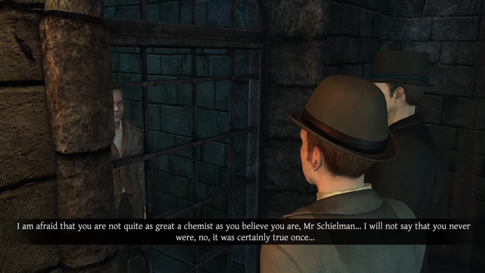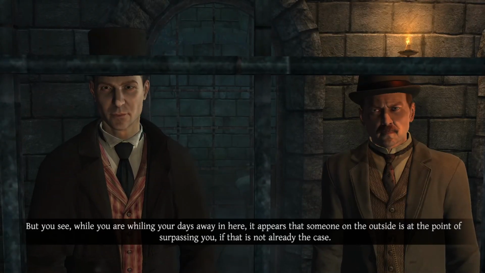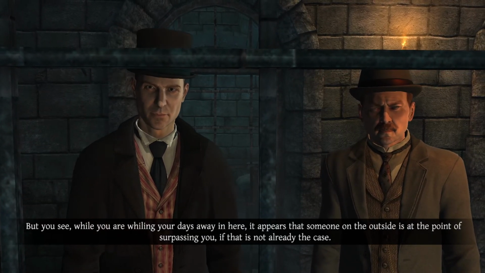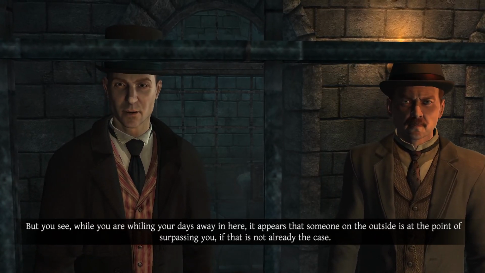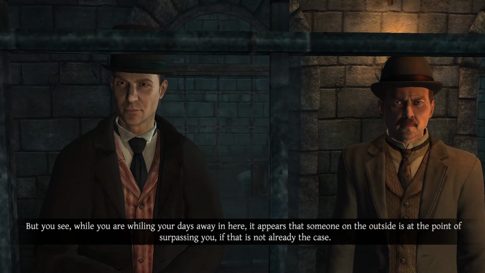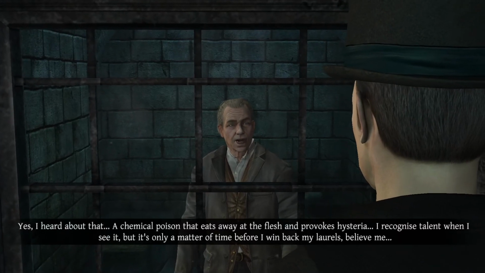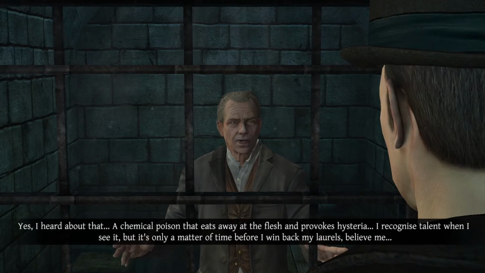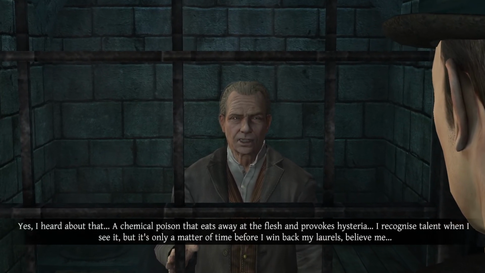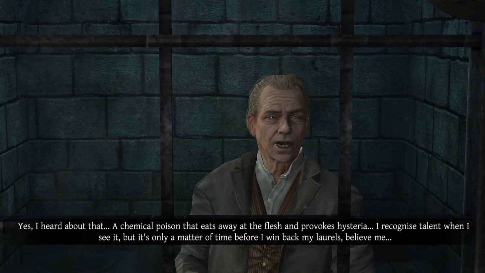No, it was certainly true once. But you see, while you are whiling away your days in here, it appears that someone on the outside is at the point of surpassing you, if that is not already the case. Yes, I heard about that. A chemical poison that eats away at the flesh and provokes hysteria.